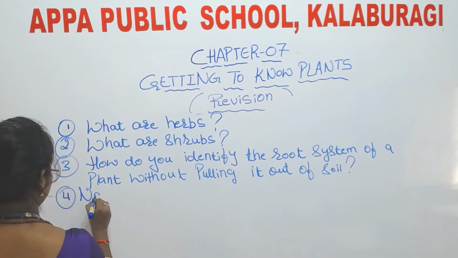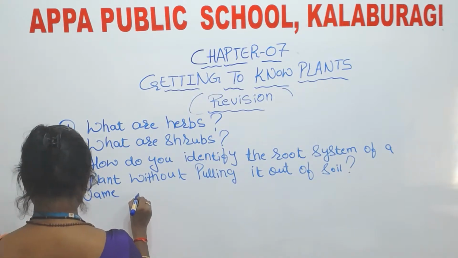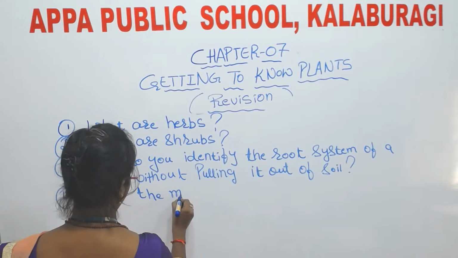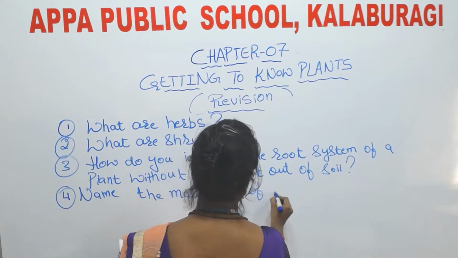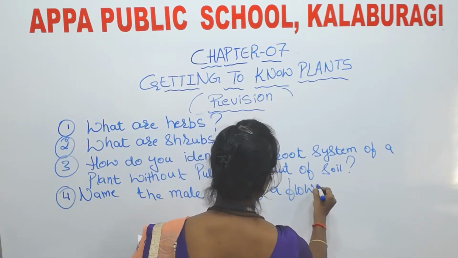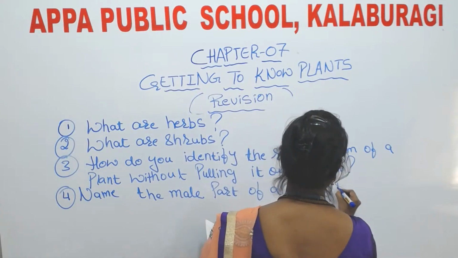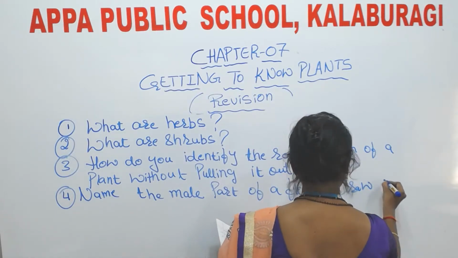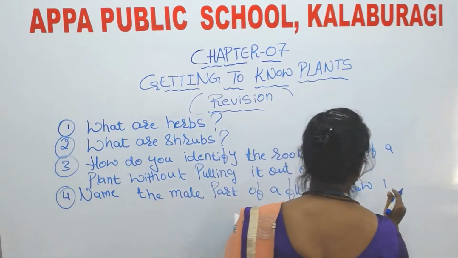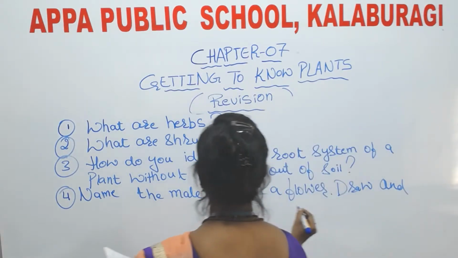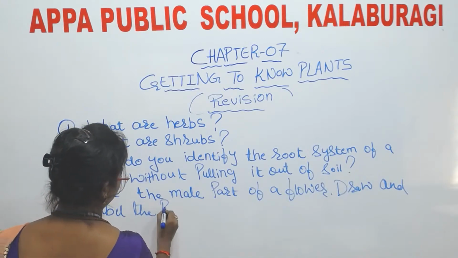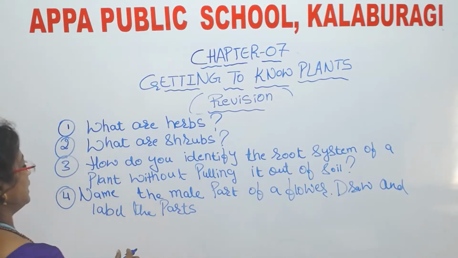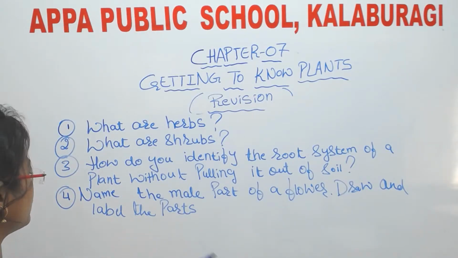Next is, name the main part of a flower, and also draw and label its parts.